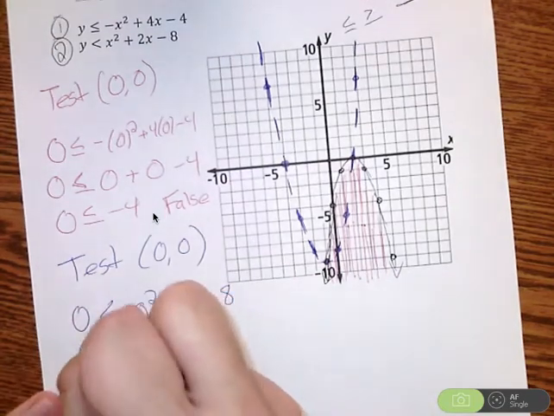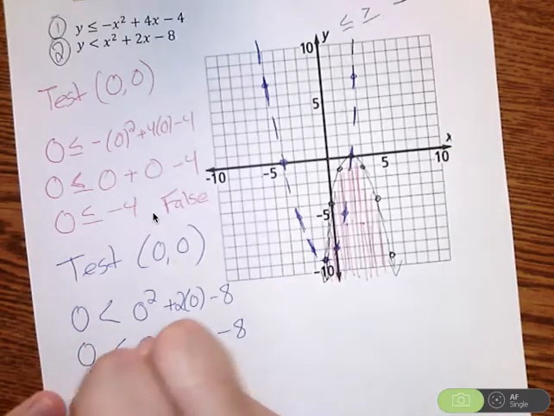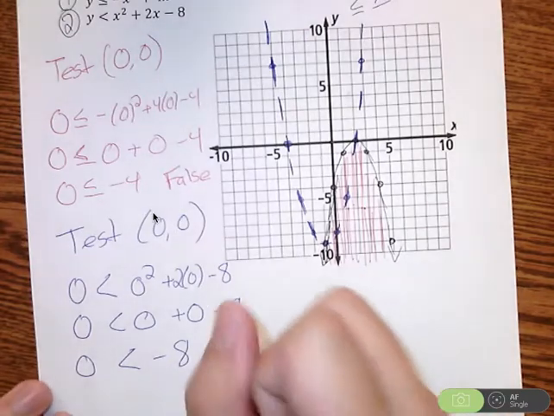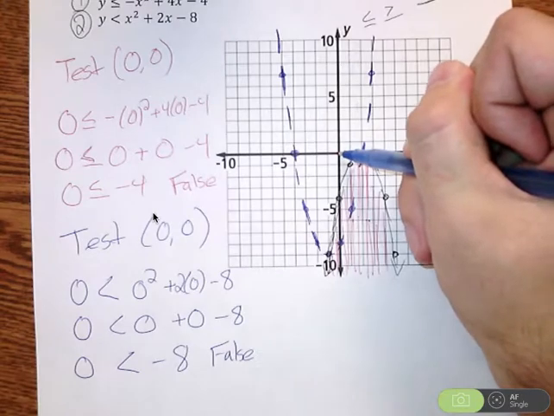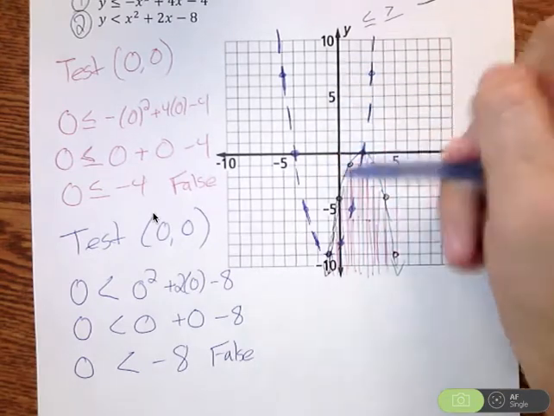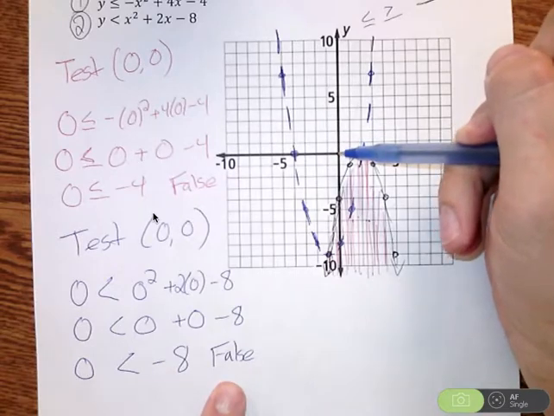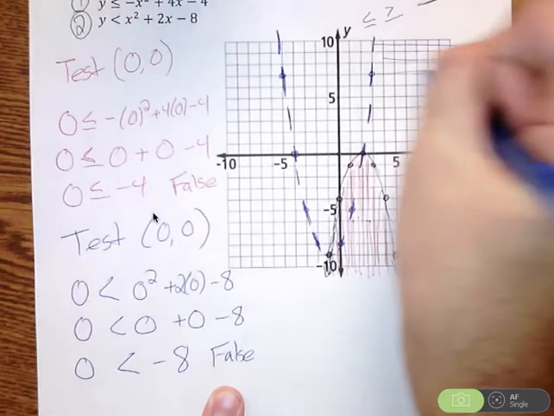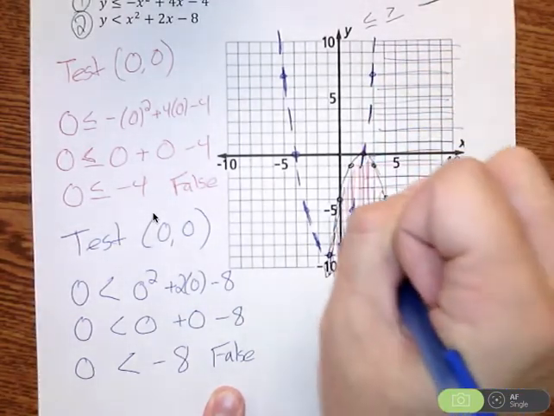When you simplify this, you're going to get 0 is less than negative 8. Again, this is false. So 0, 0 was on the inside of my parabola, but because it is false, I'm going to shade on the outside. So I got all of this area on the outside.